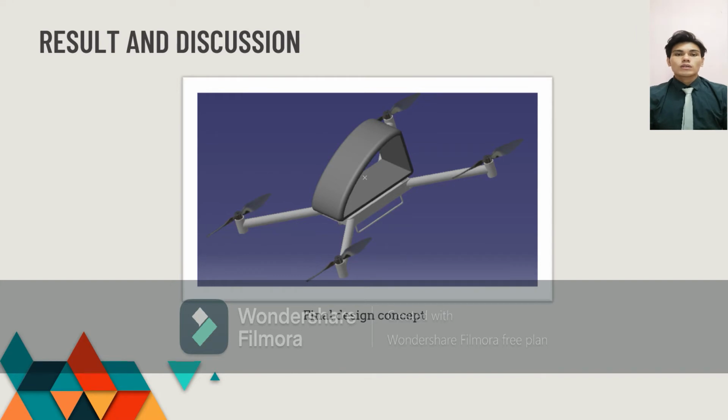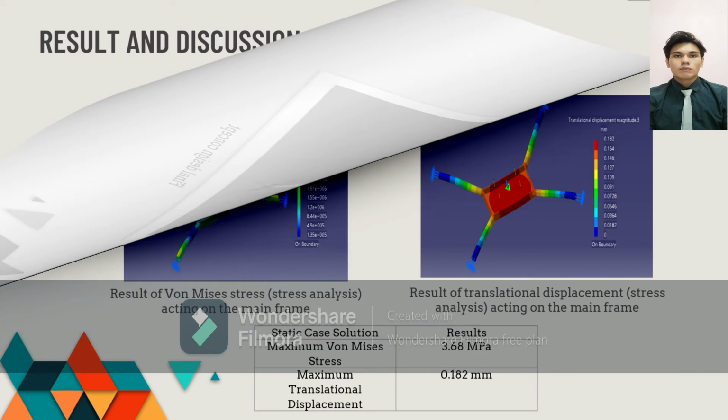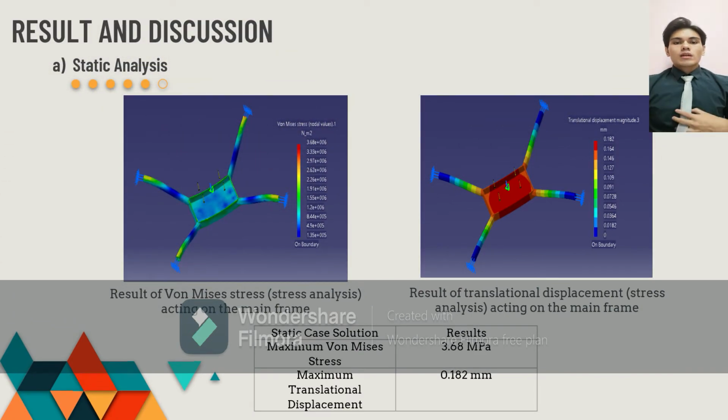Okay, the figure shows the final design concept of the passenger drone that I have designed on CATIA V5. There will be 3 parts in the result and discussion: static analysis, frequency analysis, and impact test. On static analysis, as you can see in the figure shown, is the result from CATIA V5.